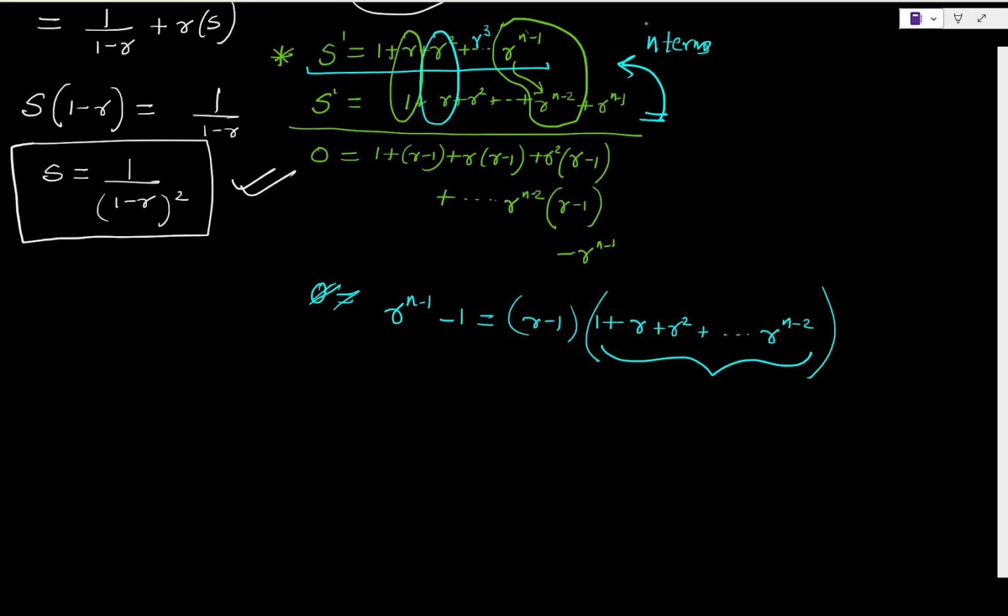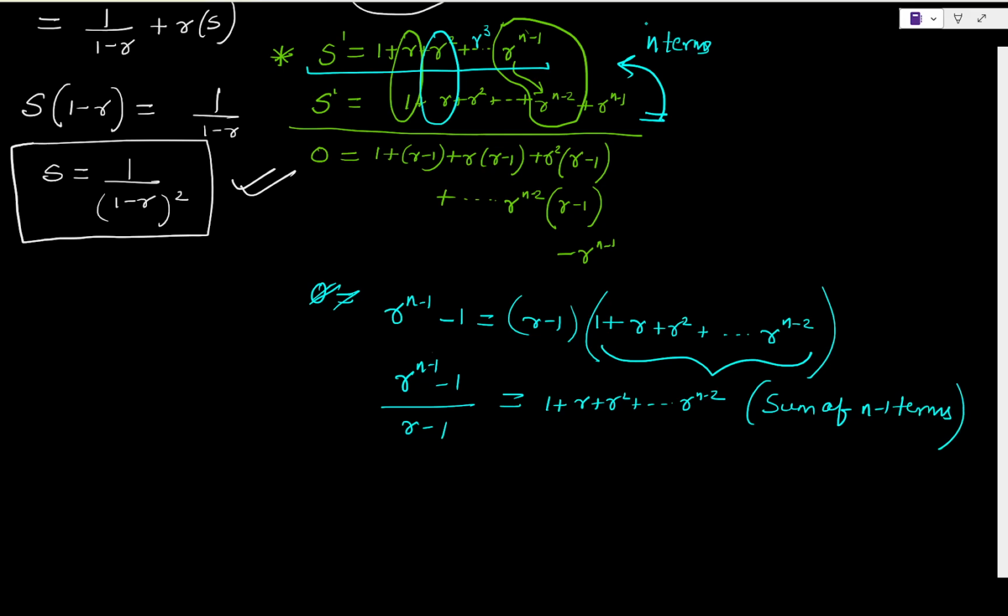It should look familiar because this is the sum up to n minus 1 terms. In other words, r to the power n minus 1 divided by r minus 1 is the same as 1 plus r square up to r to the power n minus 2, or the sum of n minus 1 terms.